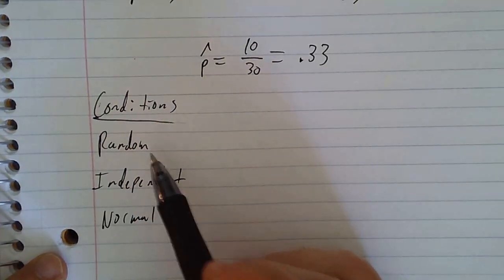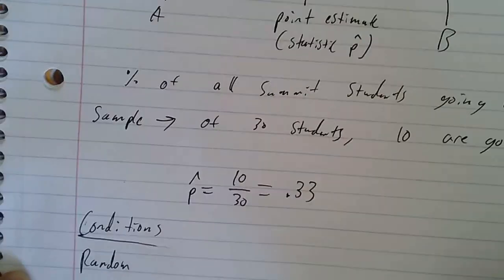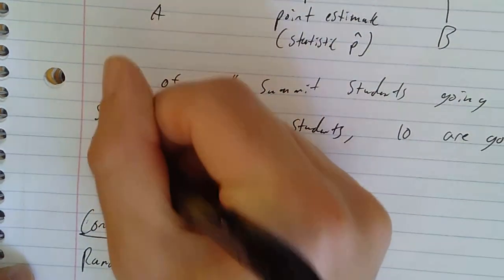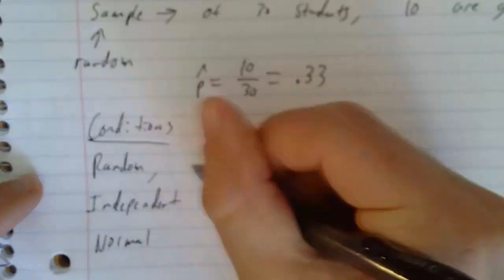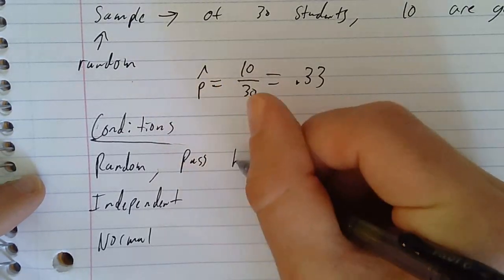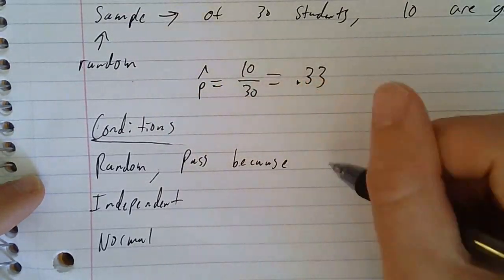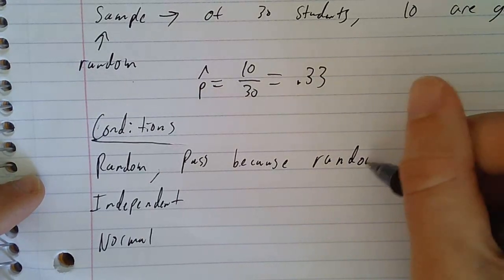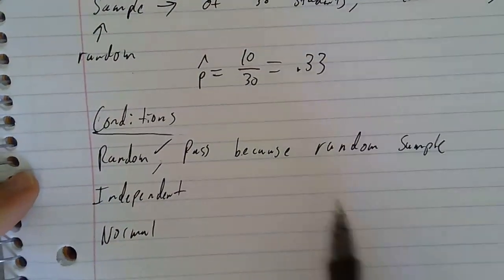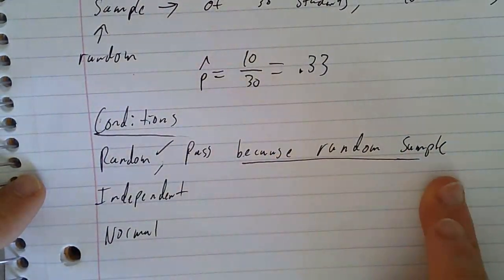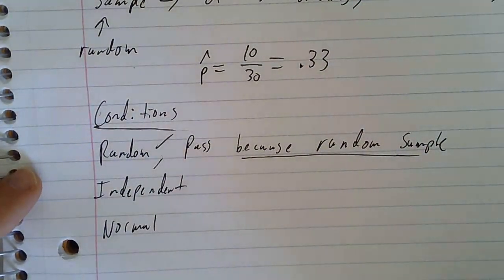To check if it's random, that will be given to you here. It would say in the question it was a random sample. So I say pass because random sample. So you would check that off. On the test, I need to see a because statement. You can't just say yes, you have to say why.